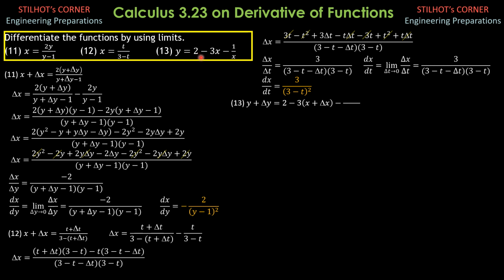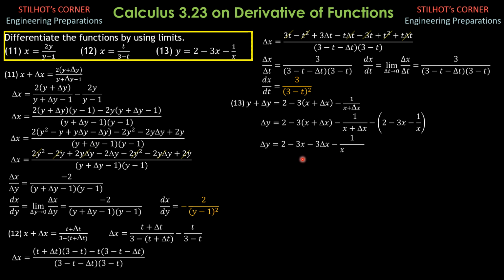13: y plus delta y equals minus 3 quantity x plus delta x minus 1 over x plus delta x. So delta y equals minus 3 quantity x plus delta x minus 1 over x plus delta x minus 2 minus 3x minus 1 over x.